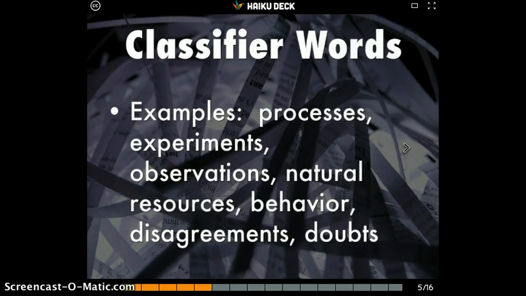The vocabulary that you could use to explain this are classifying words such as processes, experiments, observations, natural resources, behavior, disagreements, and doubts. Of course, there are many other classifier words, but these are just a few to get you started. So, in the beginning of the section labeled product placement, the author gives you a number of his observations.